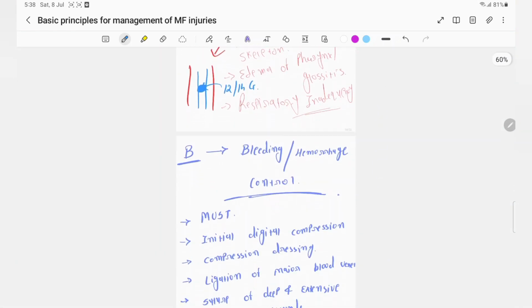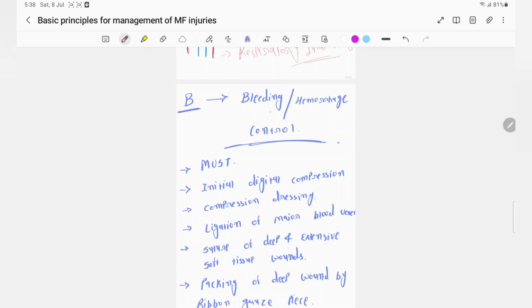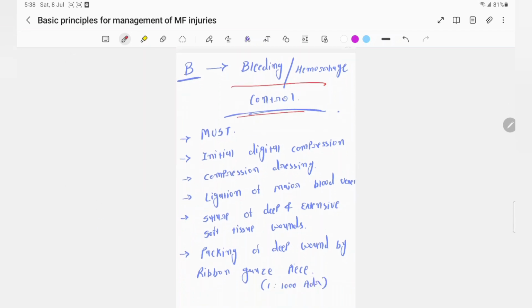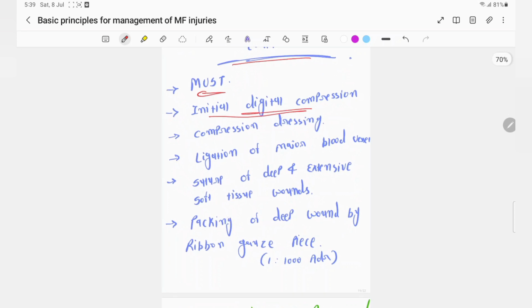Now moving to bleeding control or hemorrhage control. This is a very must thing. For this we can go for initial digital compression to stop bleeding, right? We have to compress with our fingers to stop the bleeding, and also we can go for compression dressing if necessary.